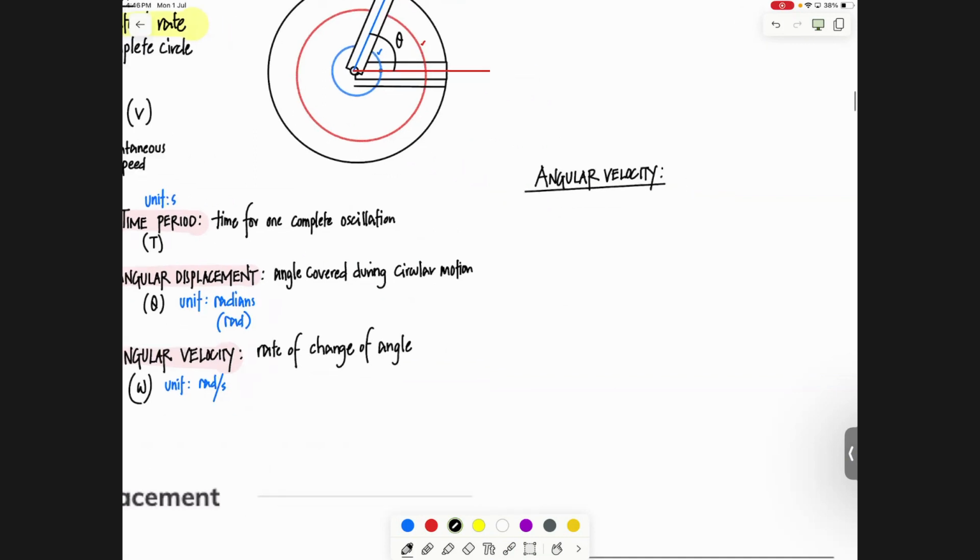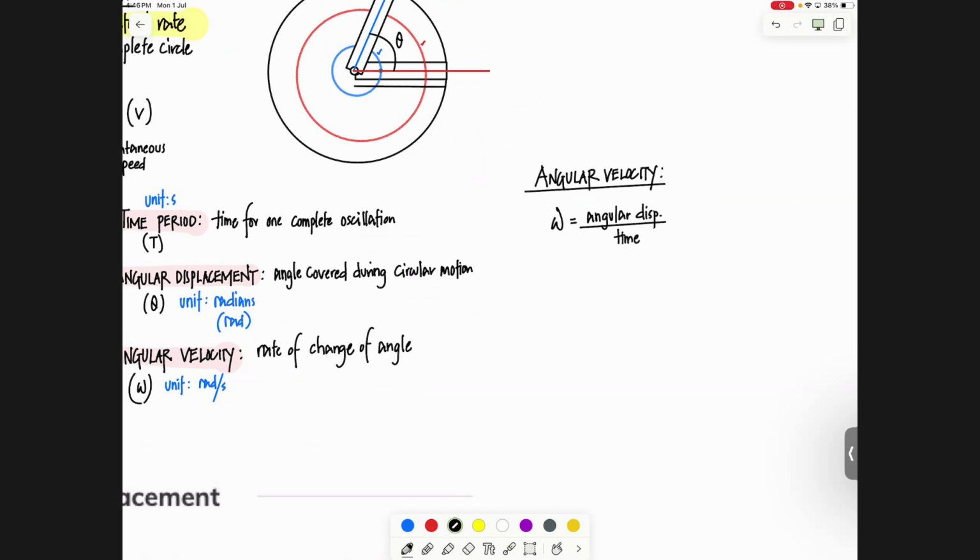So the definition of angular velocity is what? The rate of change of angle, right? So angular velocity, omega, will be equal to what? Yeah, angle covered, or angular displacement, divided by time taken.